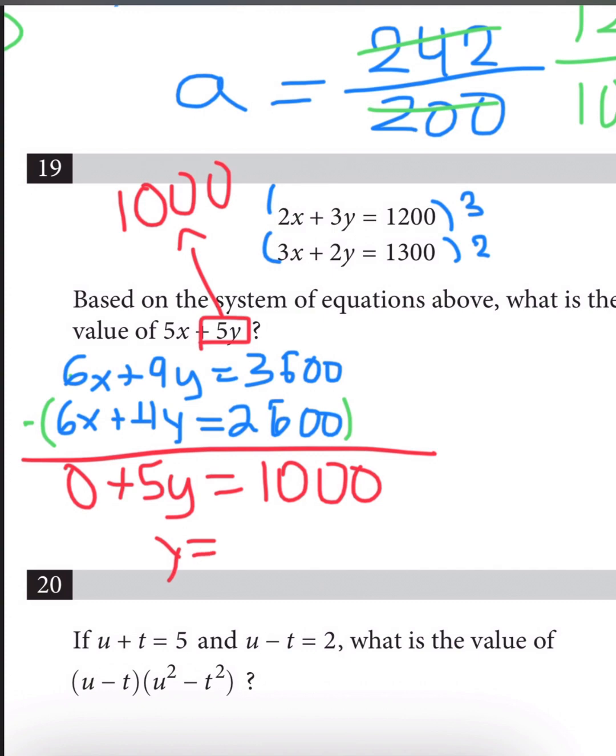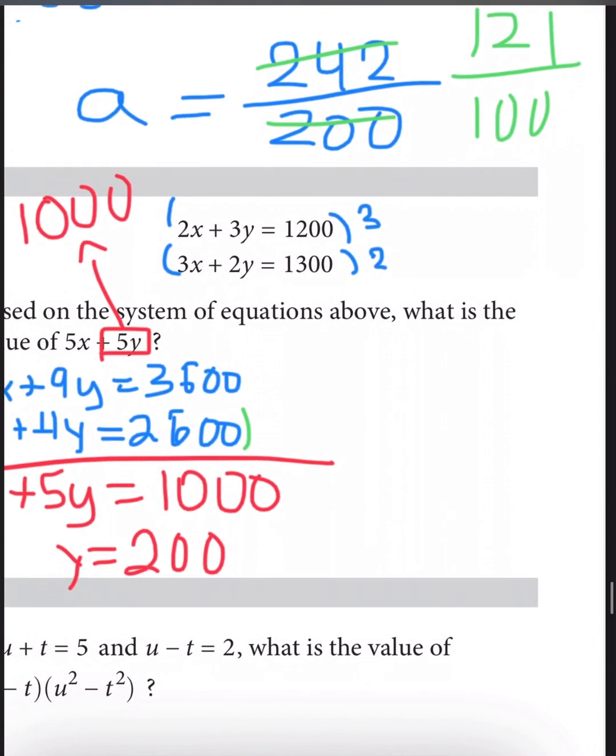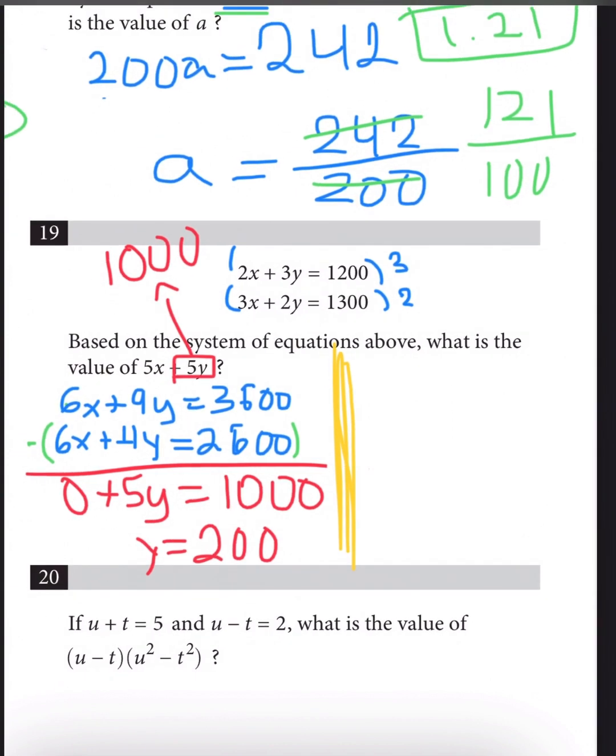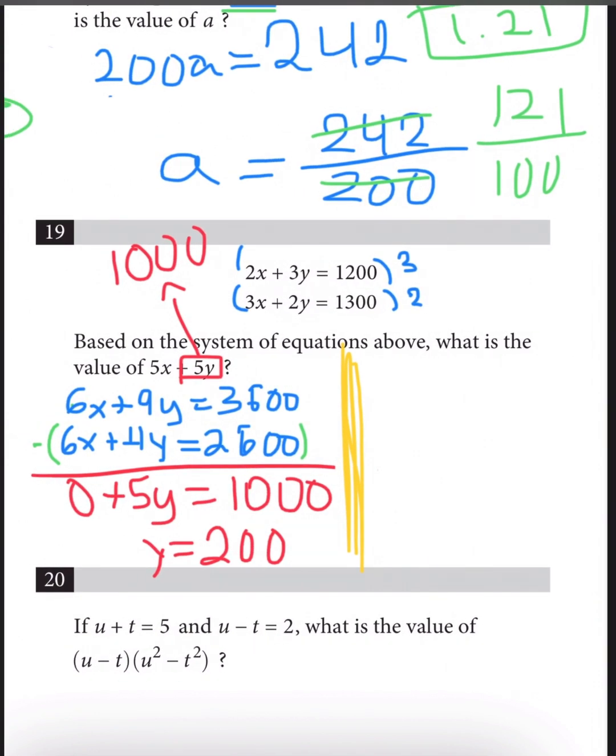So y would equal 200. Right, so we know now that y equals 200. Now we're going to plug in and solve for x. So we'll plug it into the bottom equation right here.